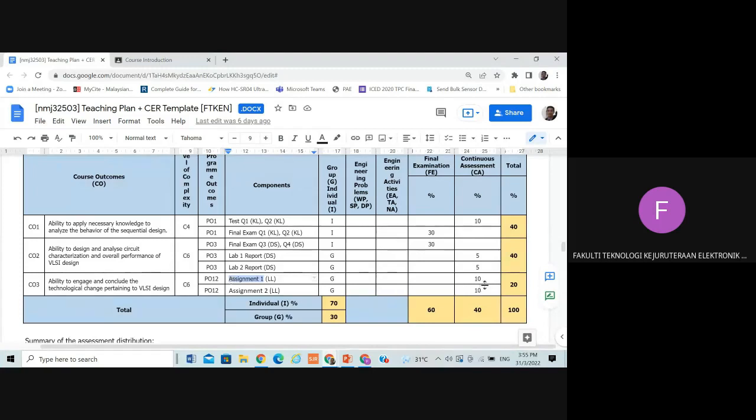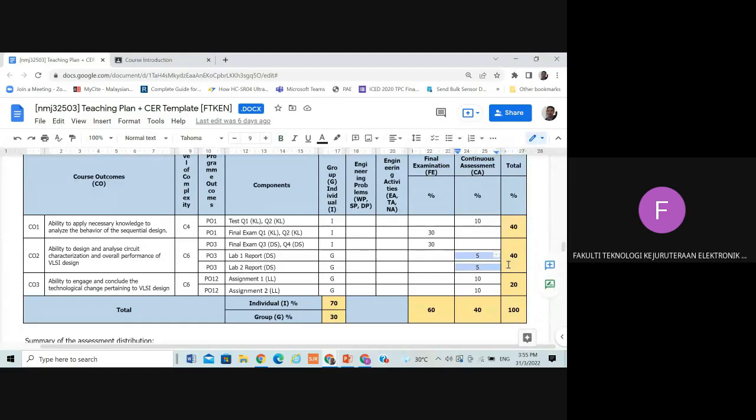So it contributes 10%, quite high. 10% for assignment number 1 and 10% for assignment number 2. So altogether 20%. This is an element of continuous assessment. And then lab report 10%.